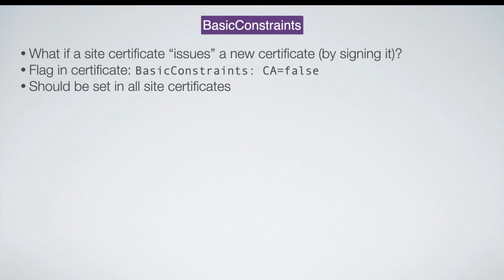And the answer is that one of the links in the chain, which is my certificate, is not a CA. So I wasn't allowed to issue certificates. I was allowed to be the last certificate in a chain, but I wasn't allowed to be a middle certificate in the chain. So we need to check that all the middle certificates in a chain have the CA equals true field set.